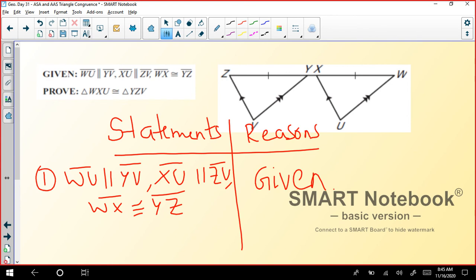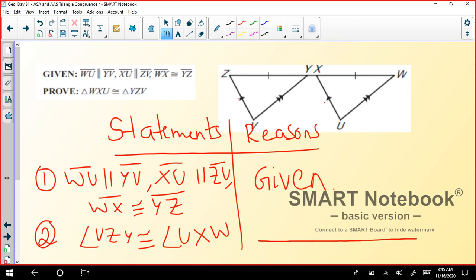The next step, I have these two lines which are parallel, so I'm just going to say that angle VZY is congruent to angle UXW, and I want you all to write the reason in your chat for this.